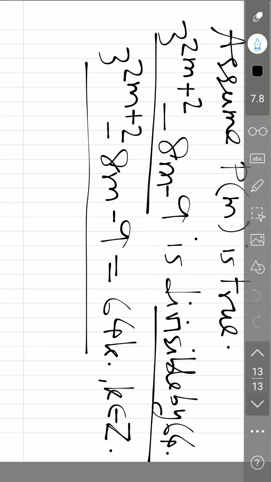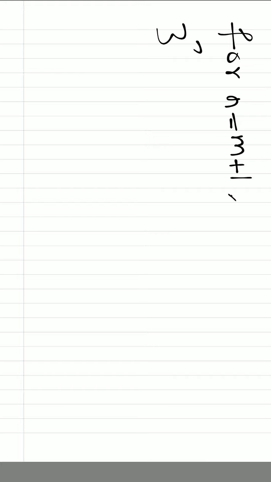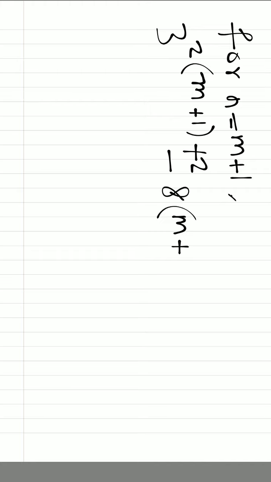Now we are going to prove Pm plus 1 is true. So for n equals to m plus 1, what we can show, the expression will be of this form: 3 to the power 2(m plus 1) plus 2 minus 8(m plus 1) minus 9.